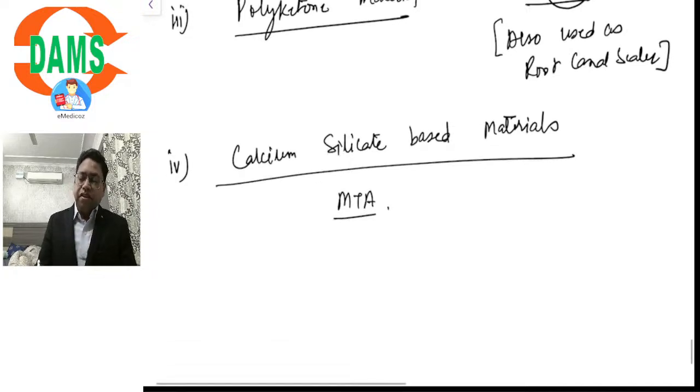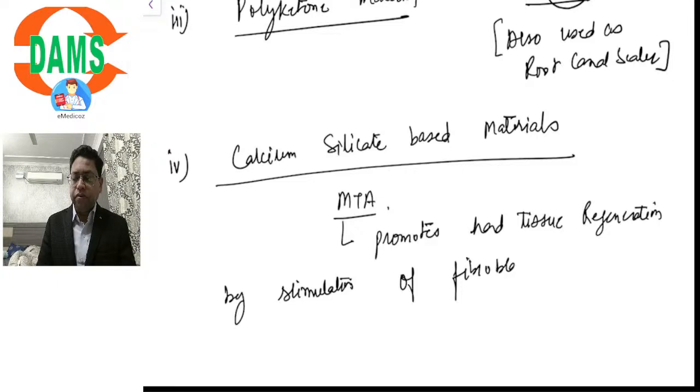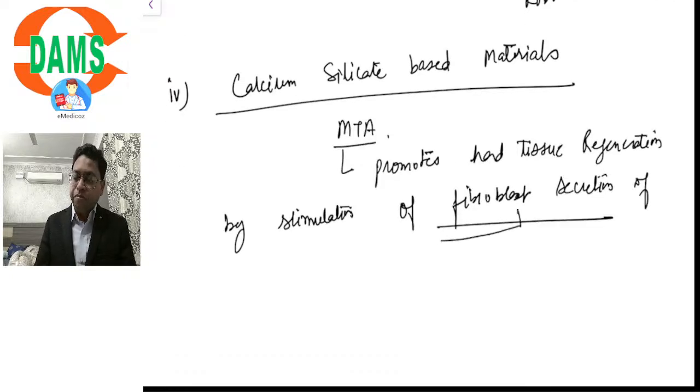This mineral trioxide aggregate basically promotes hard tissue regeneration by stimulation of fibroblast, secretion of two important factors, that is bone morphogenetic protein 2 and 7 and transforming growth factor beta 1.